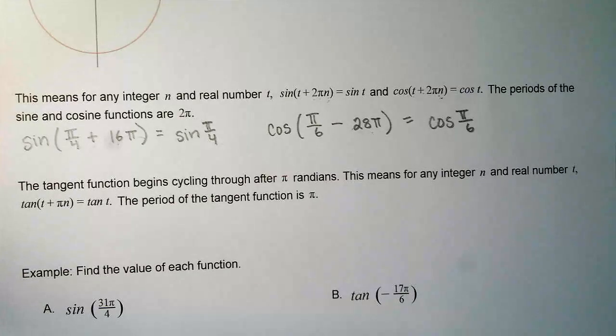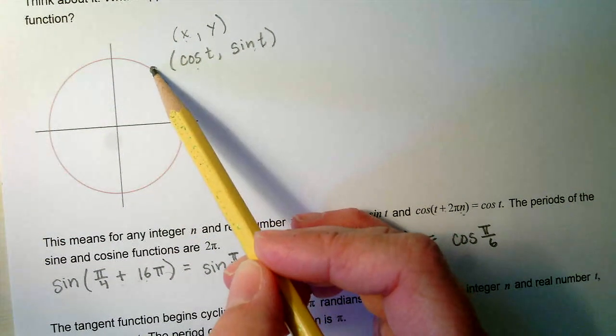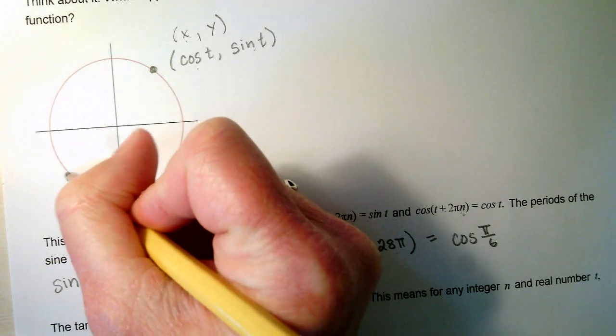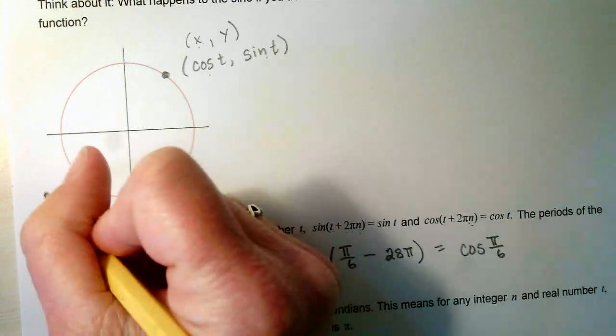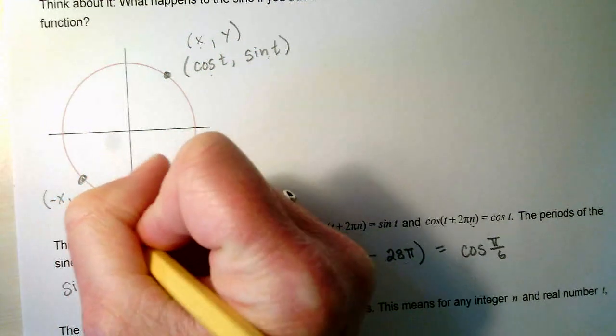So the tangent function begins cycling through after pi radians. That's because remember our tangent is y over x, and if we look at our diagram, which is super helpful, pi units away is going to be -x, -y.